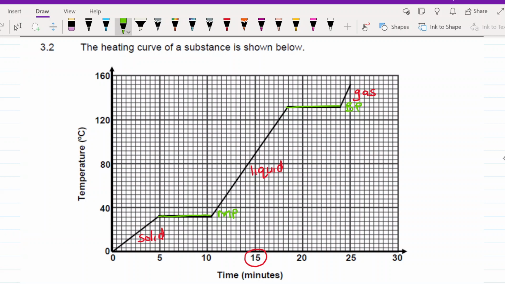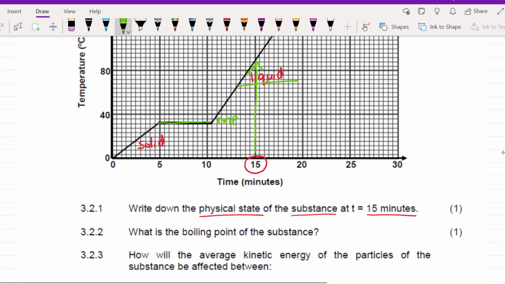So at 15 minutes, what is the state of the substance? The state of the substance is a liquid. As you can see, this is 15 minutes. It's pointing here at a liquid state. So we say the answer is liquid.